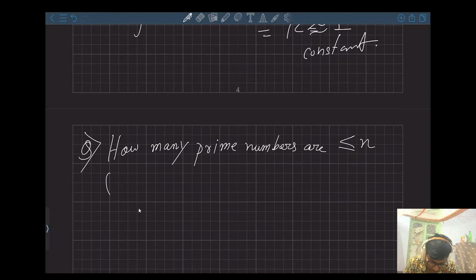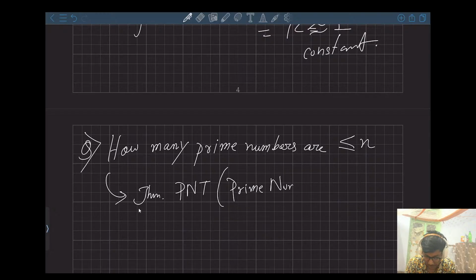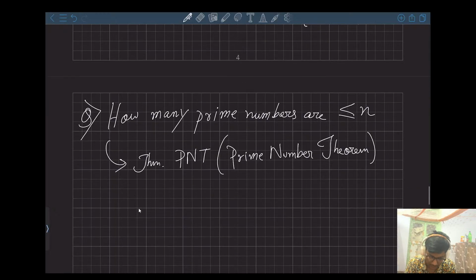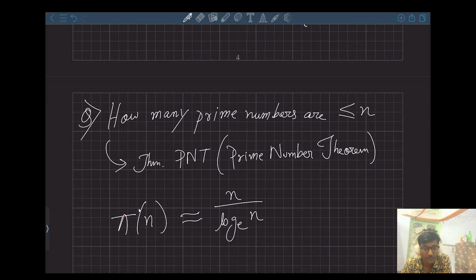This is defined by a theorem called PNT, or prime number theorem, which says that number of primes up to n has a good name. The function is called pi of n. So pi of n, which is number of primes up to n, is approximately n by log n. This is the prime number theorem.